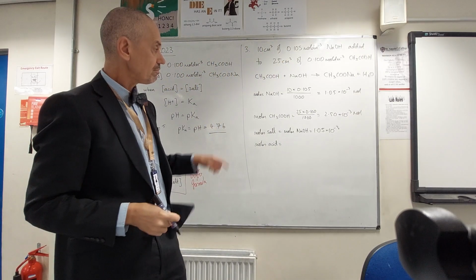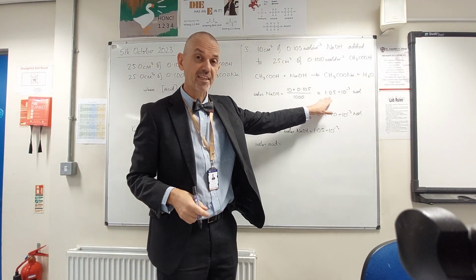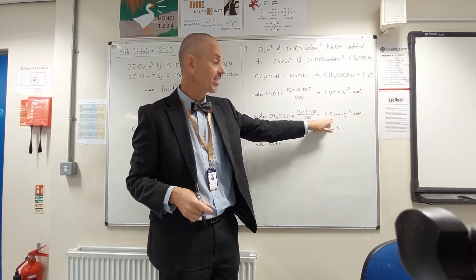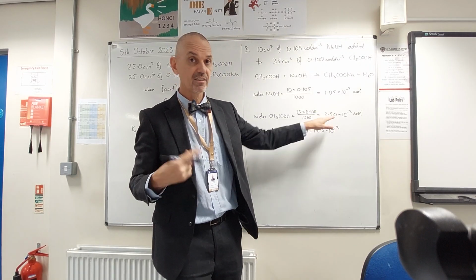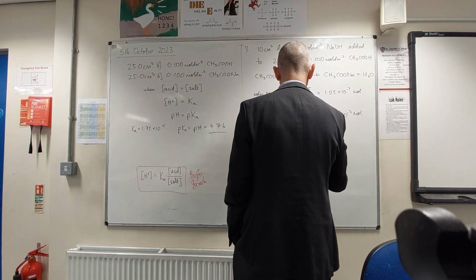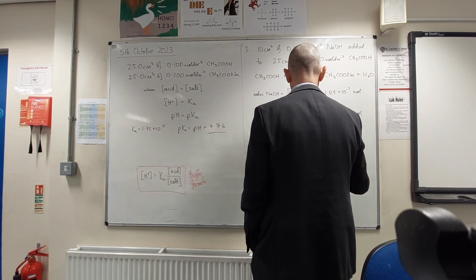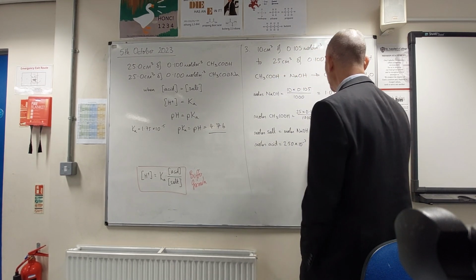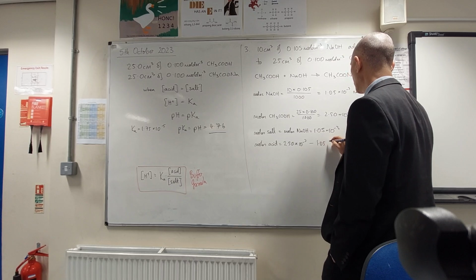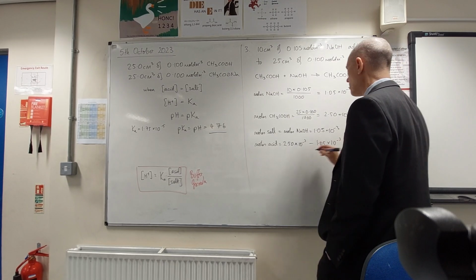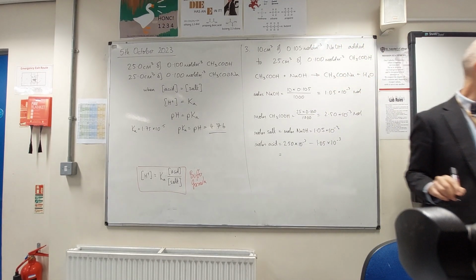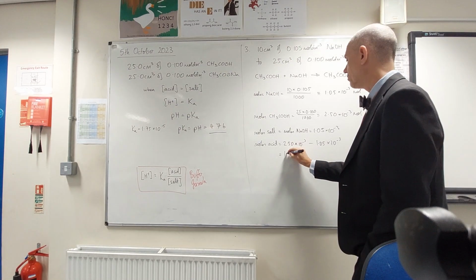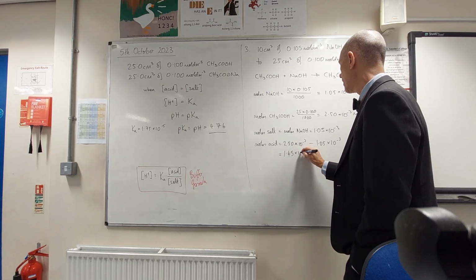Well, that 1.05 times 10 to the minus 3 moles is going to react with some of the acid. So the acid will have dropped now from 2.5 minus 1.05 to 1.45.